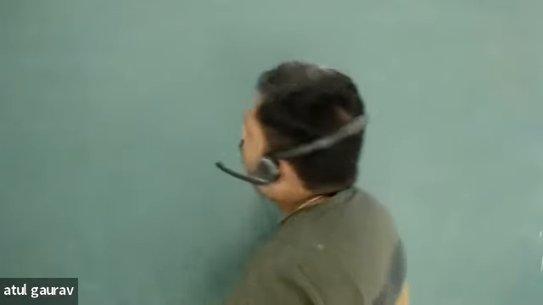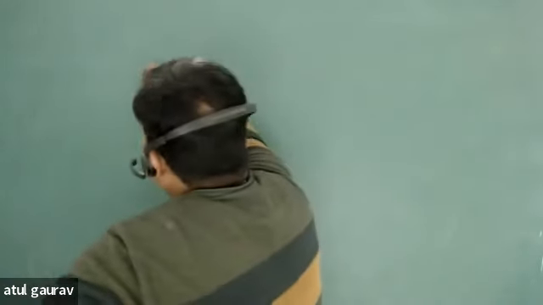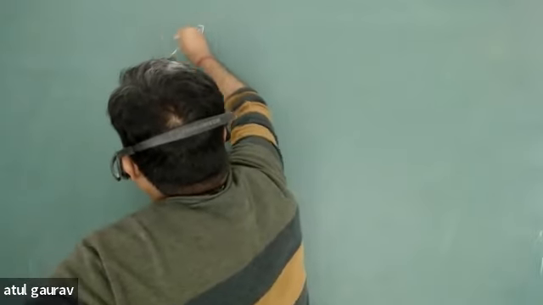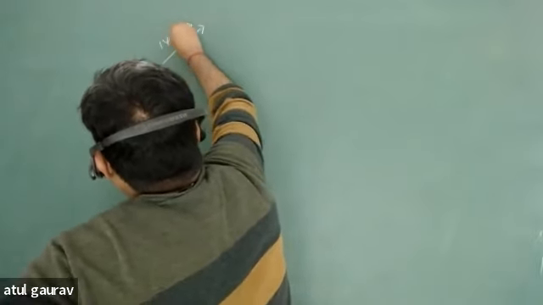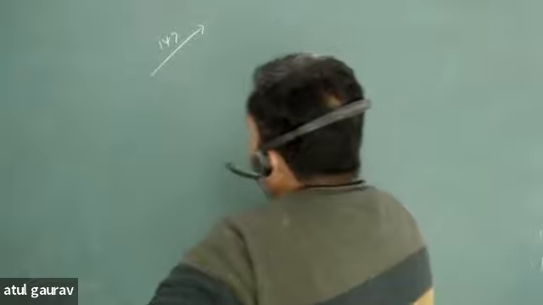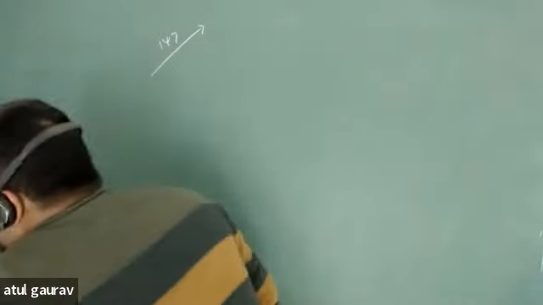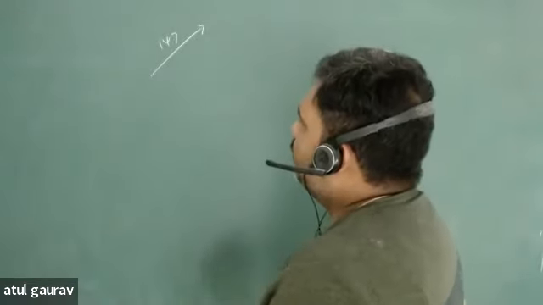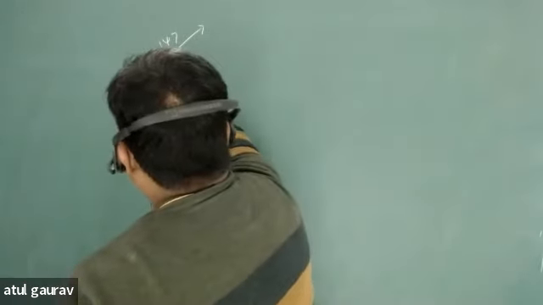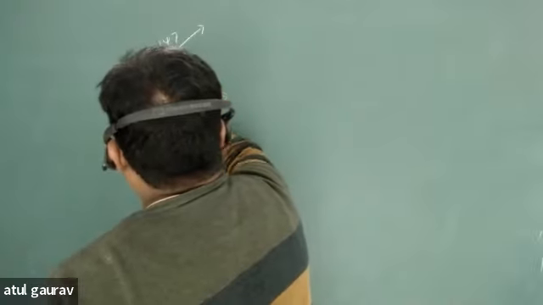Now, what I want to do: suppose I have a vector psi, and I have another vector, and I am just representing it by analogy. Let's say this vector is phi.